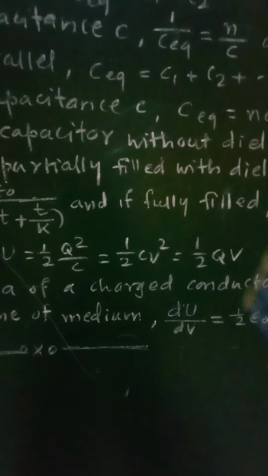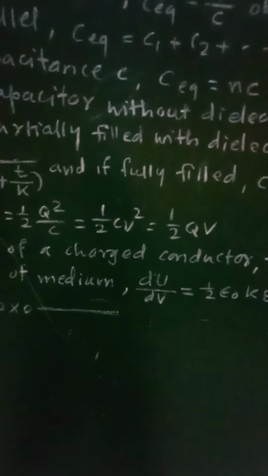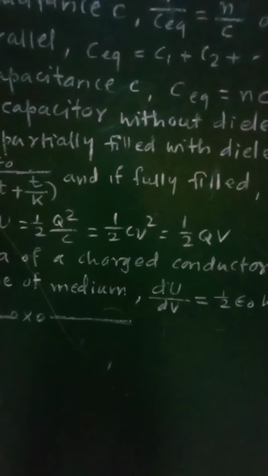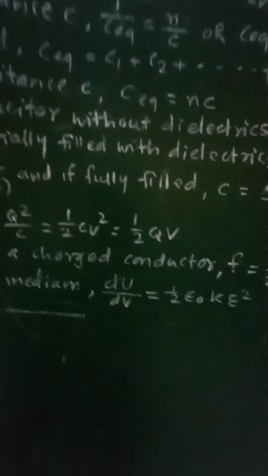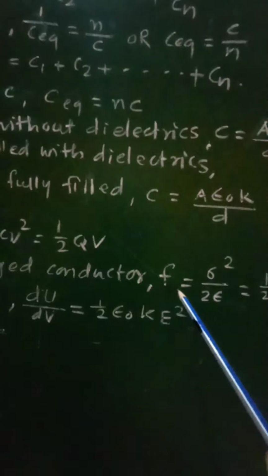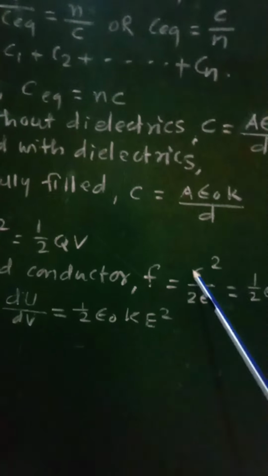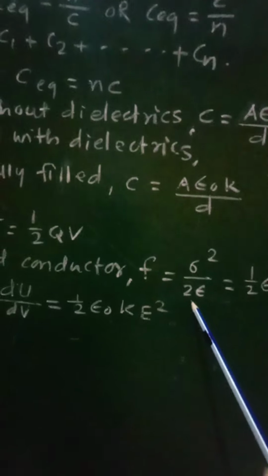Then the 14th formula gives the mechanical force per unit area acting on a charged conductor. It is given by the formula F is equal to sigma square upon 2 epsilon.